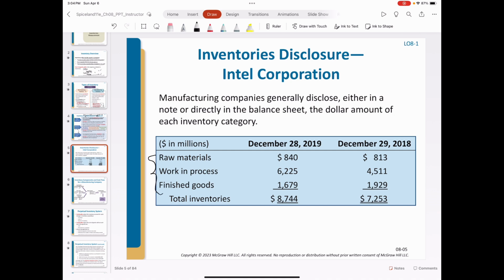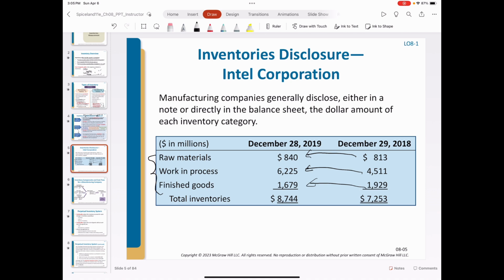And this is financial data from Intel Corporation. This provides more useful information for investors to investigate the change in each layer of inventory for their financial analysis. Here we can see the raw material increased a little bit compared with the prior year, while work in process has a significant increase.